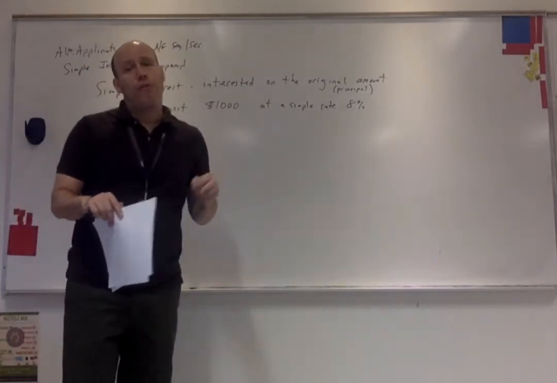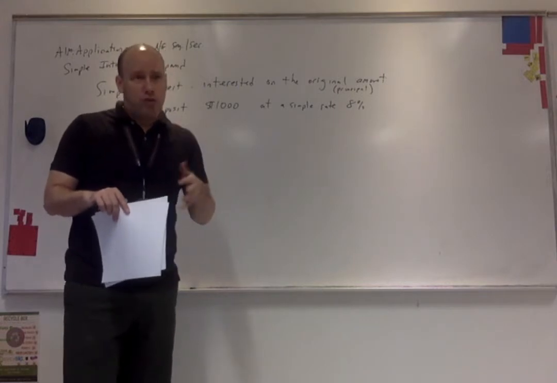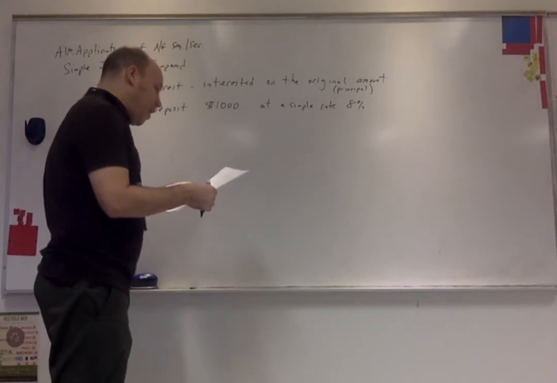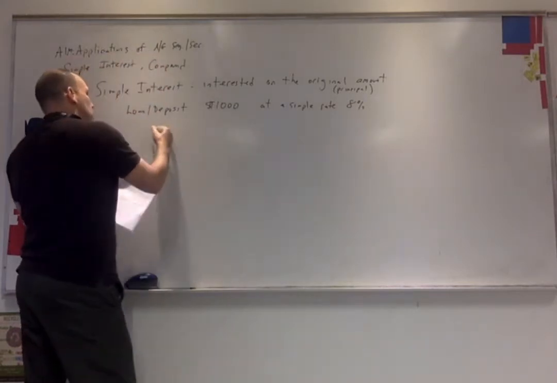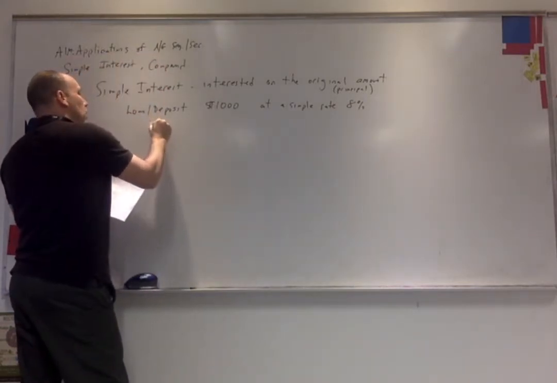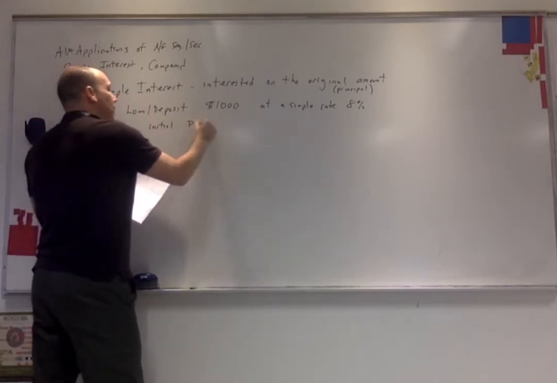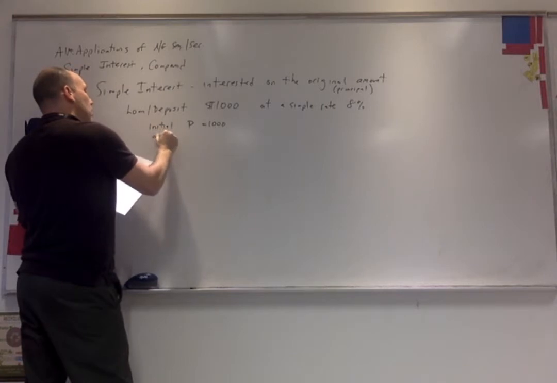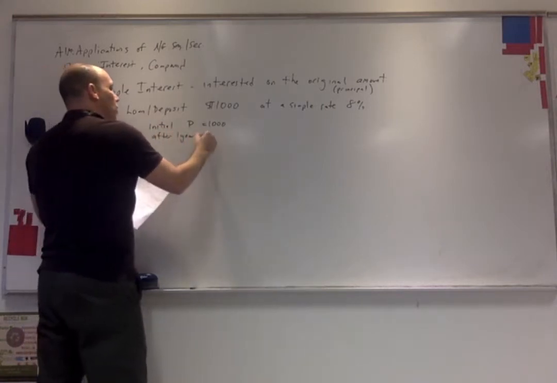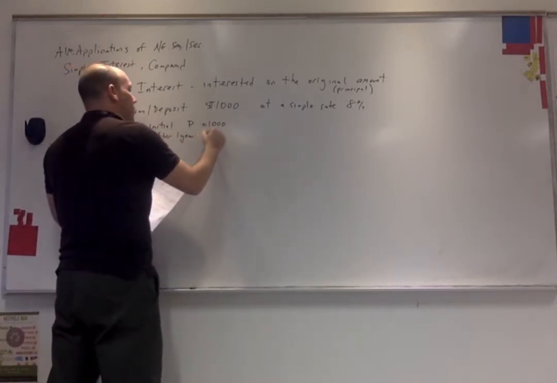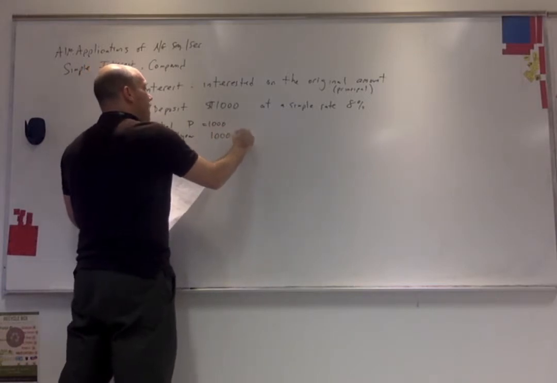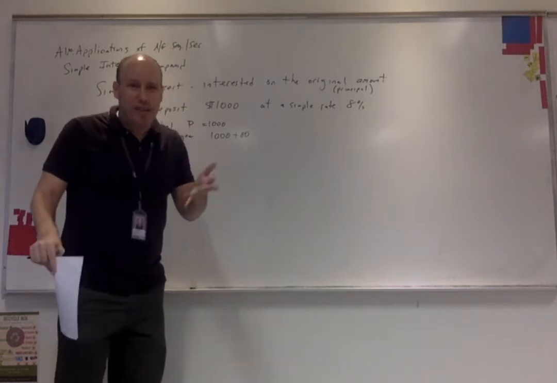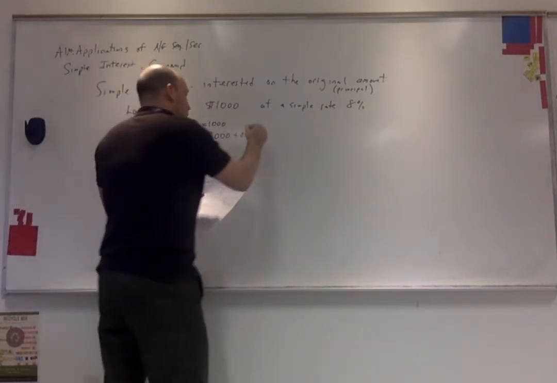We're going to start off with an interest period of 1 year, per annum, right? And so the initial amount, which we're going to call P, is 1,000, and then after 1 year you get 1,000 plus 80, or your loan is increased to 1,080.